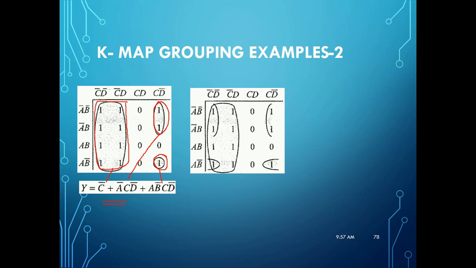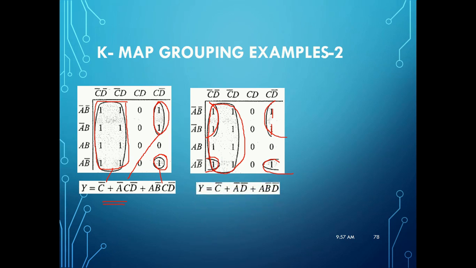Now let us see the expression for this. What he has done is he has again grouped the 8, and then he has two ones here. He has overlapped these groups, and he has done overlapping here also. What will be the expression for this?